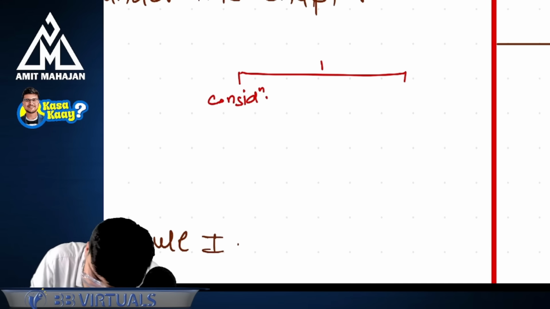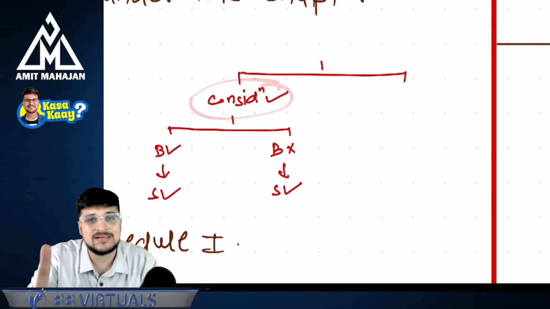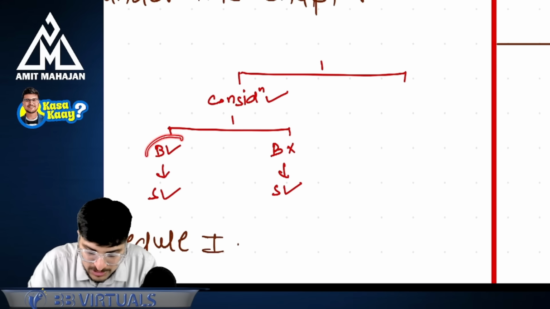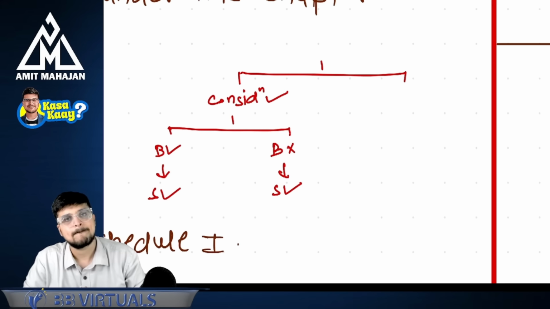So if there is a consideration, whether I am using that service for my business or not for my business, it does not matter. It will always be considered as supply. Because the government is saying that if you are importing the service for a consideration, it is a commercial transaction, so whether you're using it for business or not, it will always be considered as supply.